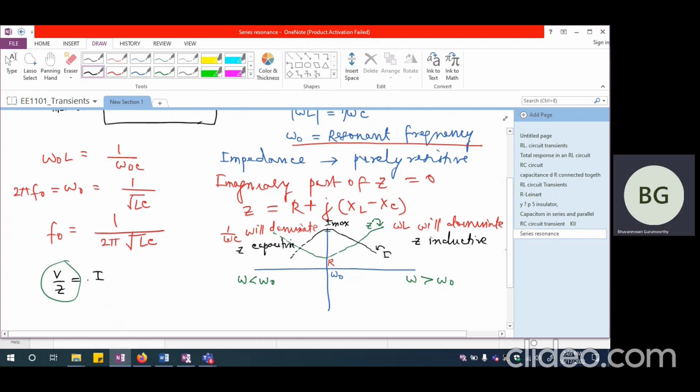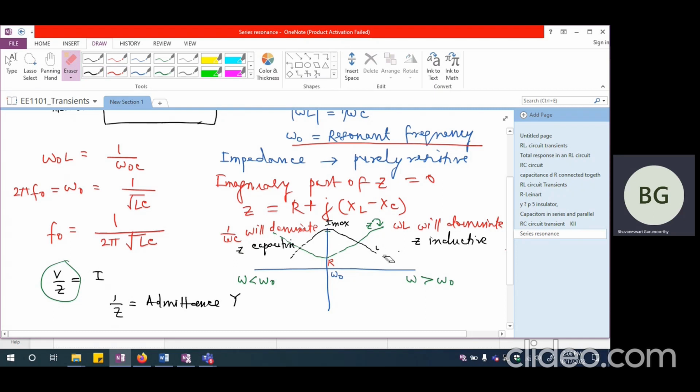So I can say in one sense 1 by Z is actually admittance, which is specified by Y. This admittance is exactly the inverse of the impedance. So if impedance reaches minimum here, admittance is going to reach maximum here.